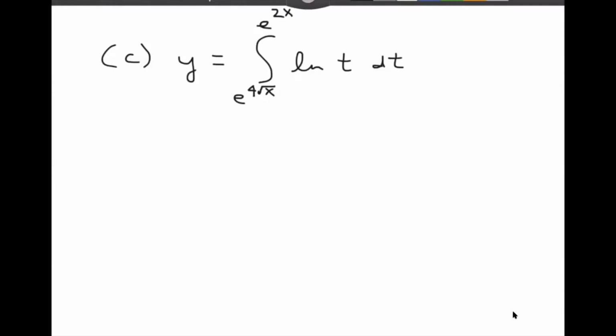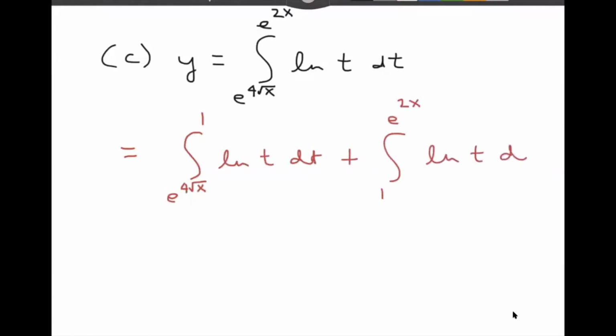Now, before I start messing around with dy/dx, I want to point out to you that this integral can be broken into two parts, and we're going to need that in order to differentiate it. So let's make the first integral go from e to the 4 square root of x to, oh, it really doesn't matter to what number. Why don't we say to 1, natural log t dt, plus the integral from 1 to e to the 2x of natural log t dt.